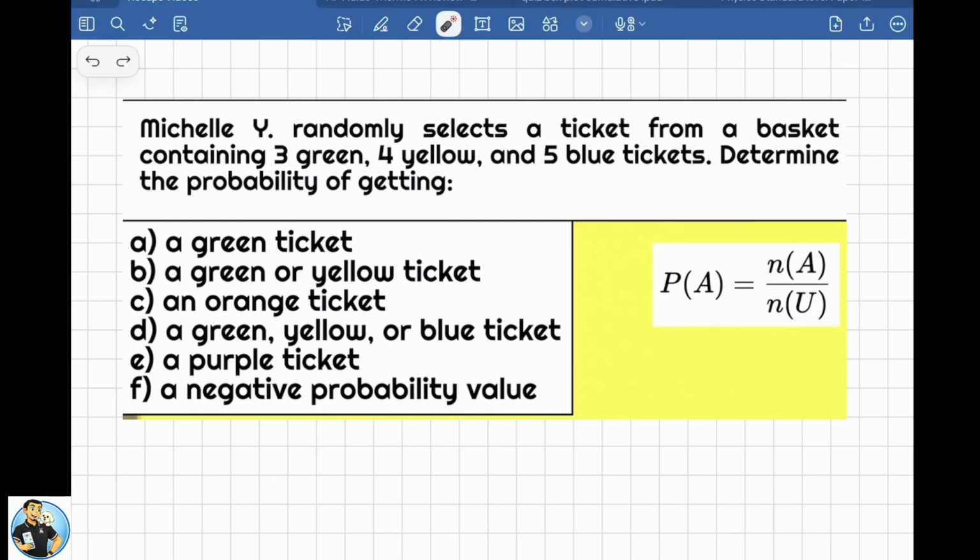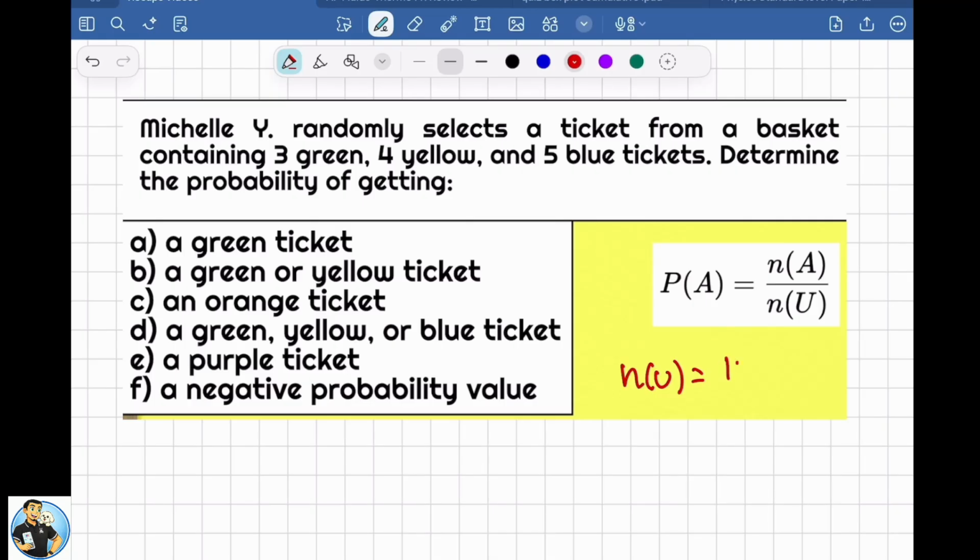Before the event, the number of outcomes, we have 3 plus 4 plus 5. So we need to sum this. We have 12 tickets, maximum 12 tickets. So this one is going to be 12. So n of u, the number of the sample space, is 12.